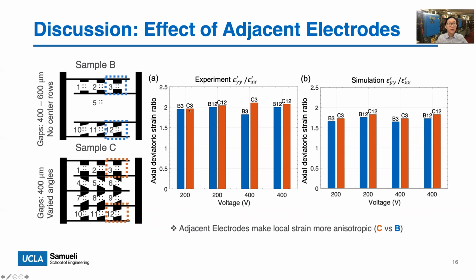We are comparing the ratio between the strain along the y direction and x direction. And we see that having these adjacent electrodes does make the local strain more anisotropic, comparing C versus B. So it's slightly larger in most cases when we look at the regions in C.